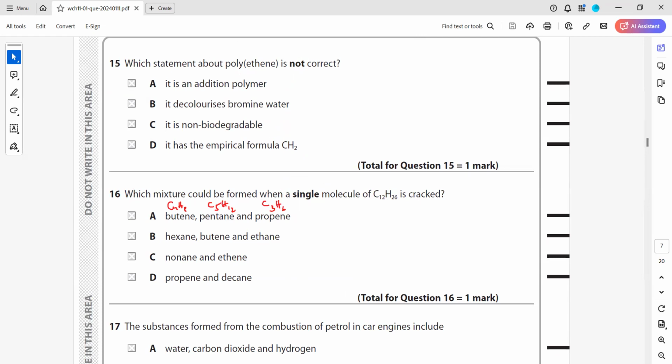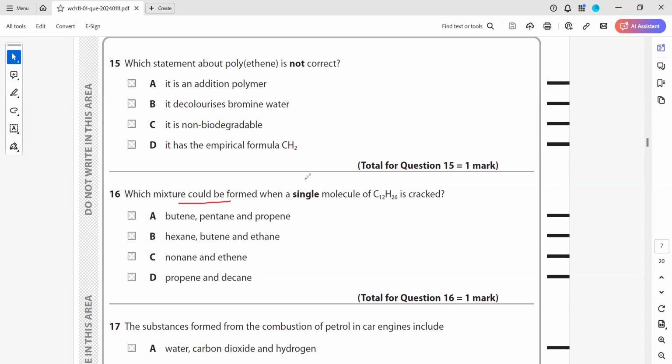When you add them, the total carbon should be C12: 4 plus 5 is 9, plus 3 is 12. What about hydrogen? 8 plus 12 is 20, and 20 plus 6 is 26. So butene is there.